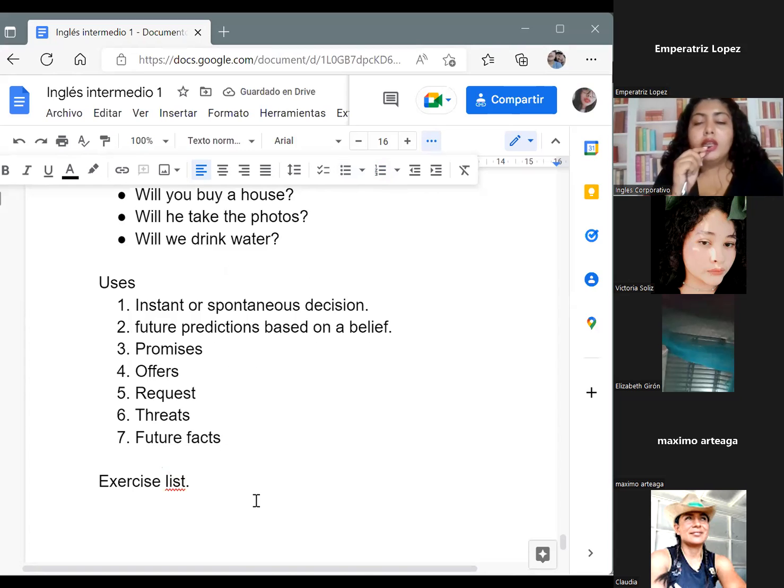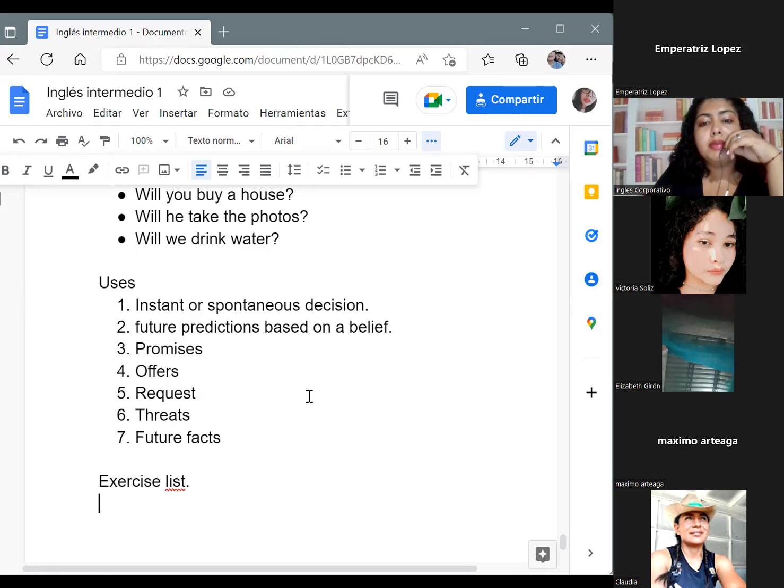So you need to write your sentence on the chat. Van a ser dos oraciones positivas, dos negativas y dos preguntas. Las van a poner en el chat y yo voy a ir escribiendo en el exercise list las oraciones que ustedes van a ir creando con will. Así que we are going to have 5 minutes to complete the task. 5 minutos para completar lo que es la actividad.